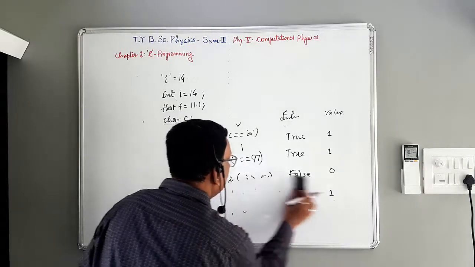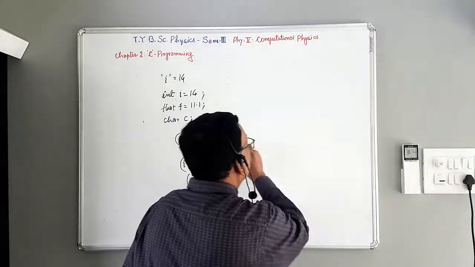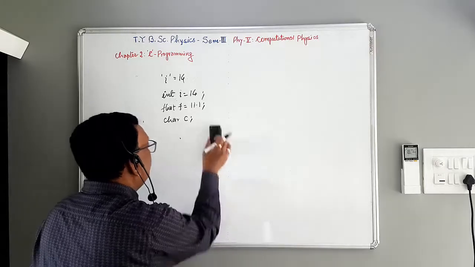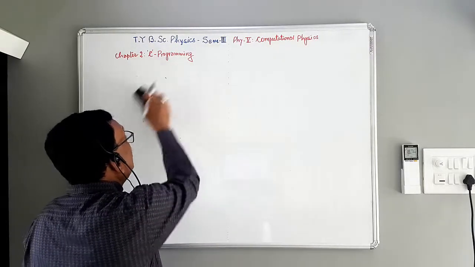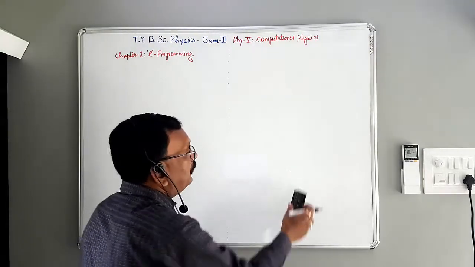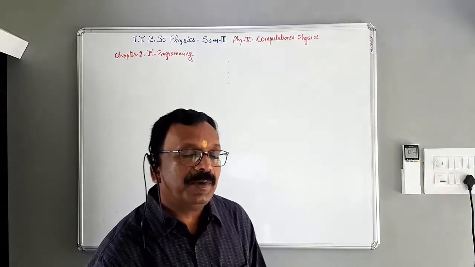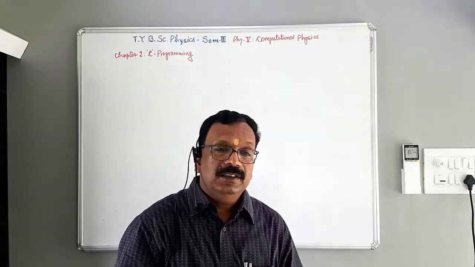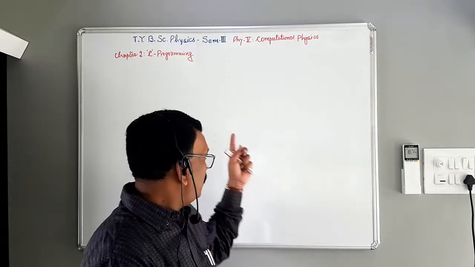Now we are going to see the last operator in C programming, because in the previous lecture we studied 4 operators, and here we are going to study 2 operators. One of them, logical, we have already seen.